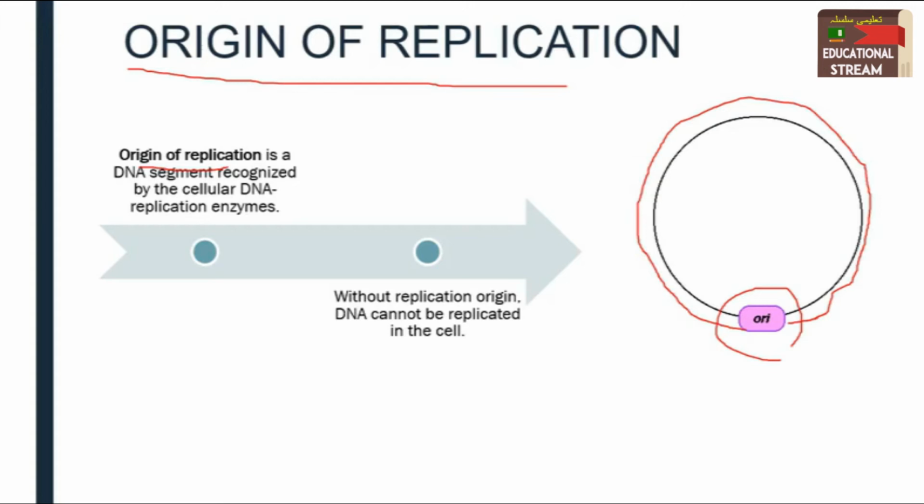If the origin of replication is not present within the plasmid that we are using as a vector, then this DNA will not be able to replicate within the host cell. So it is an essential component of the plasmid.